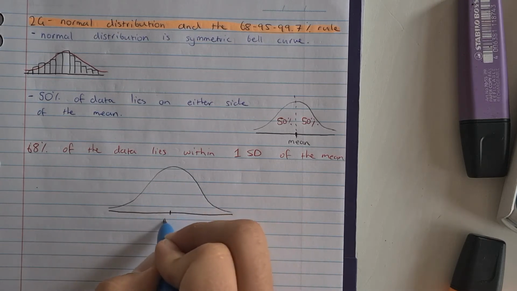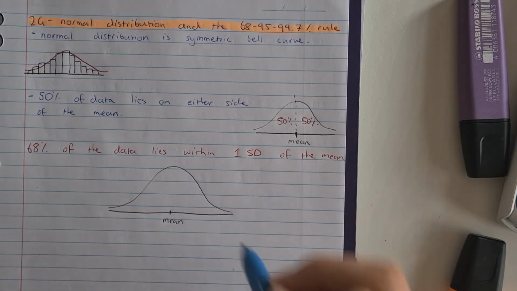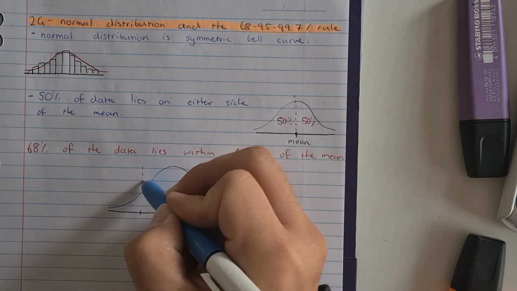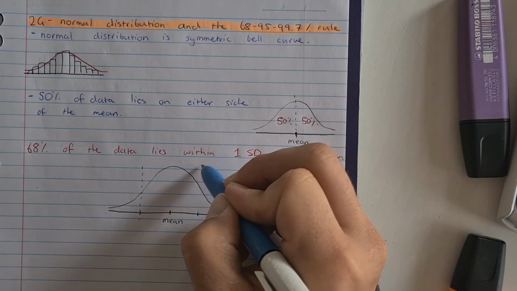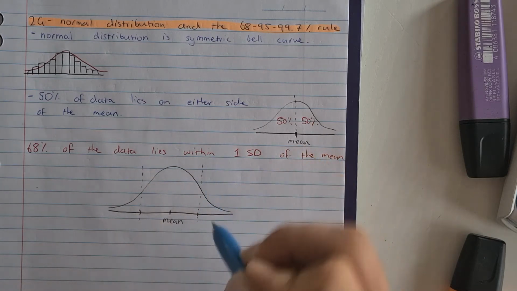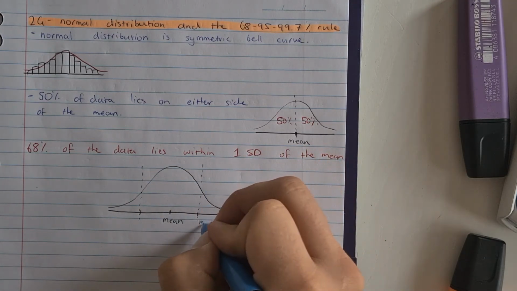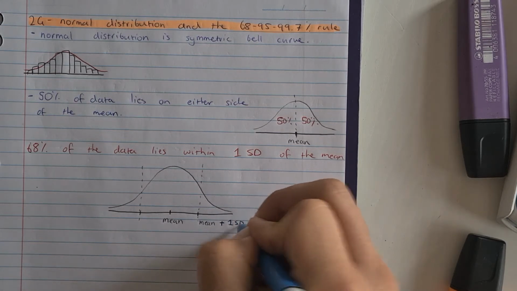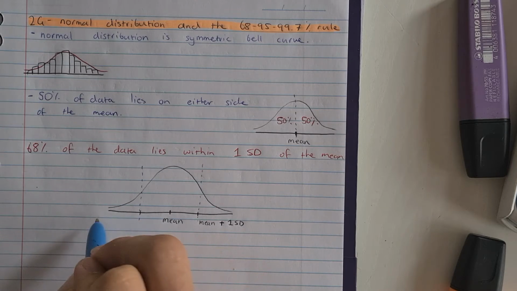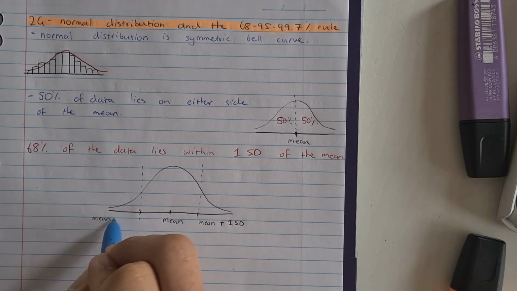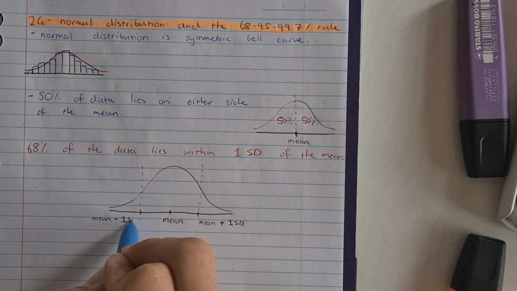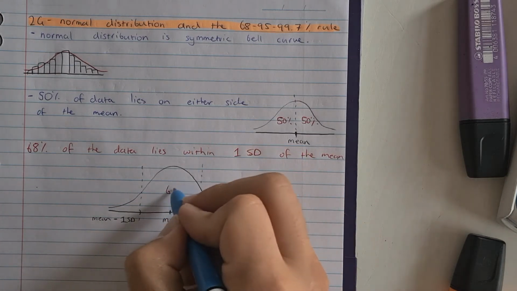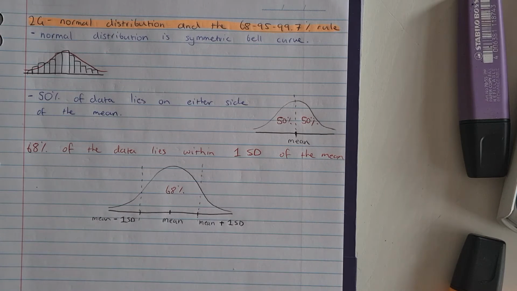Let's say this is our mean. I'm going to put a mark here and a mark here. This point is the mean plus 1 standard deviation. And this point here is the mean minus 1 standard deviation. So inside here is 68% of the data.